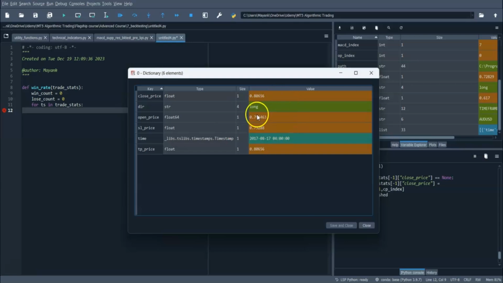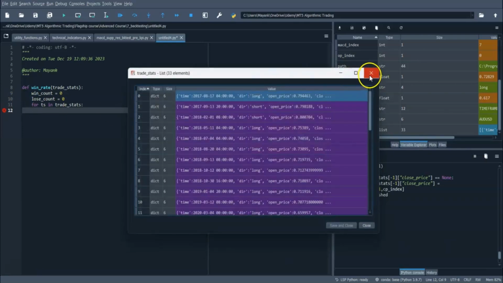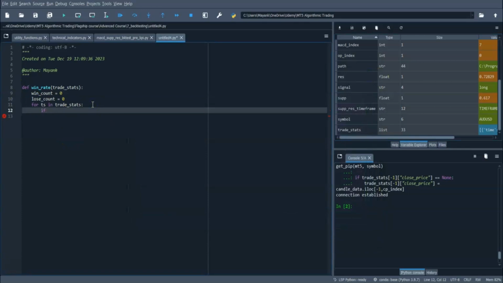Our next way to do it is first to figure out whether this trade was a long position or a short position. If it was a long position and the close price was greater than the open price, then it was a profit-making trade. If the trade was a short trade, then the opposite. So let's do it this way. It's a bit clunky way to do that, but it's easy to understand. So let me use this particular method. If TS, the relevant key was direction, DIR.